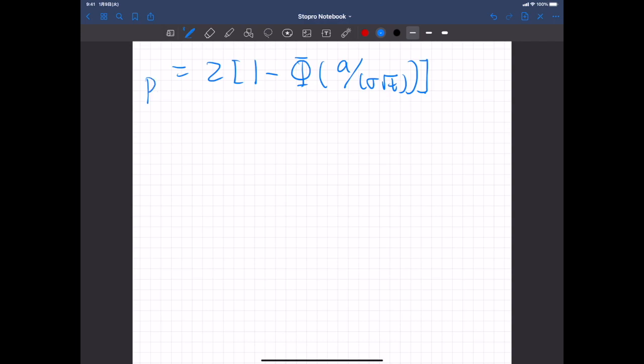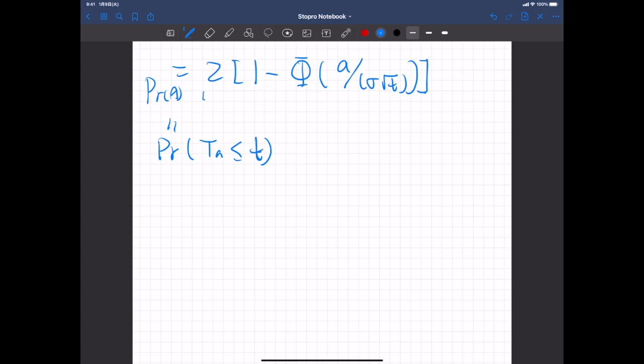But this P of A is the probability that TA is less than or equal to some given time point t.